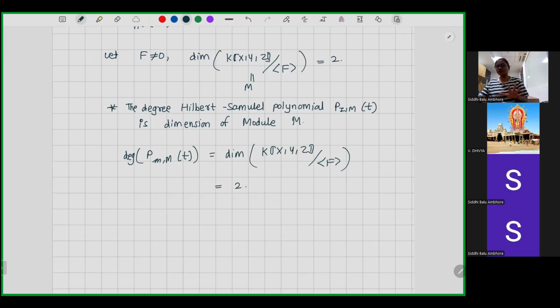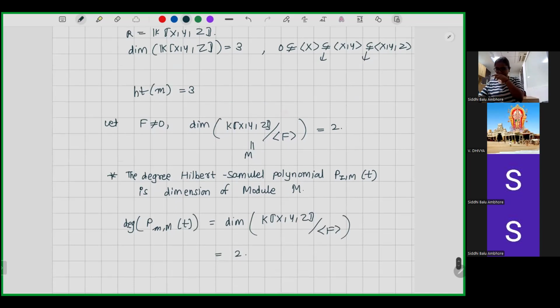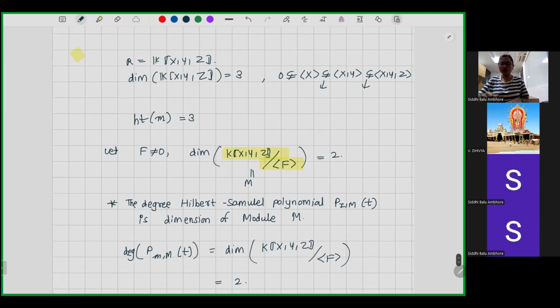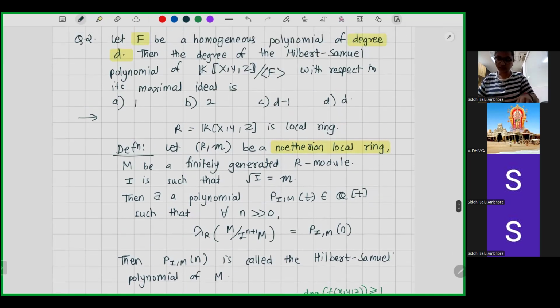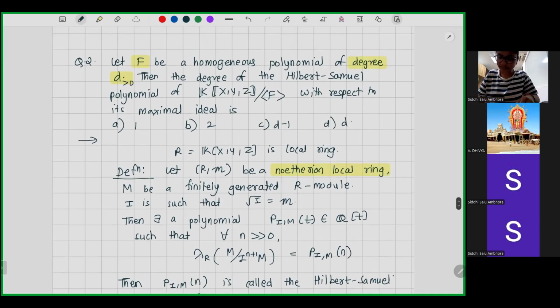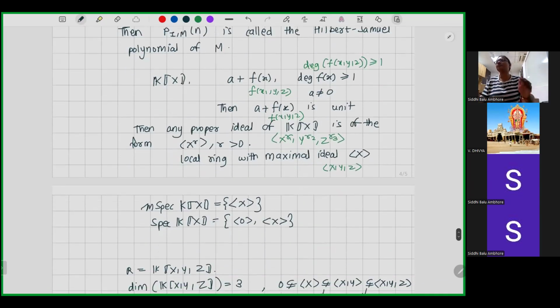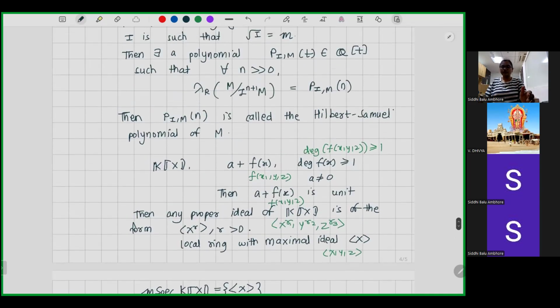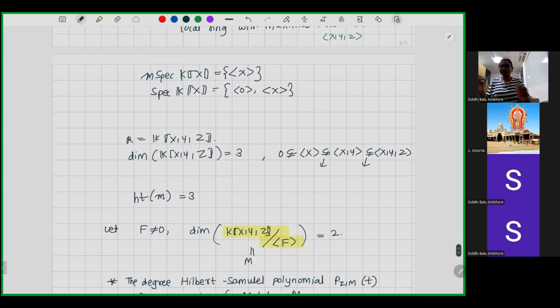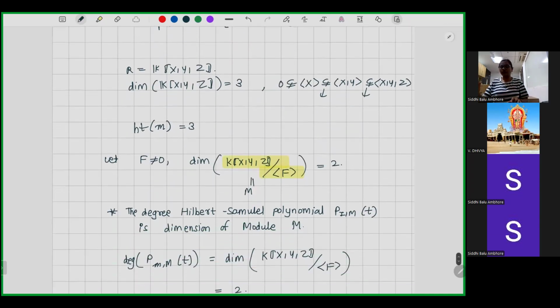Okay, so that's it here. The only thing we had to check is that when we quotient with respect to a non-zero polynomial, the dimension reduces. And one more thing here: the degree of f must be greater than 0, because if we consider f to be a non-zero constant, then k[x, y, z] quotiented by this constant will be my entire ring, because constants are units here.